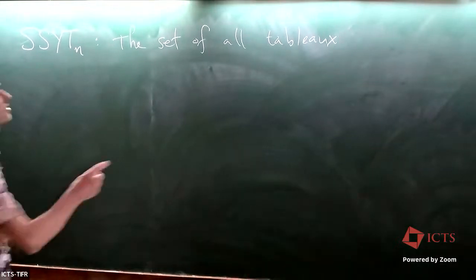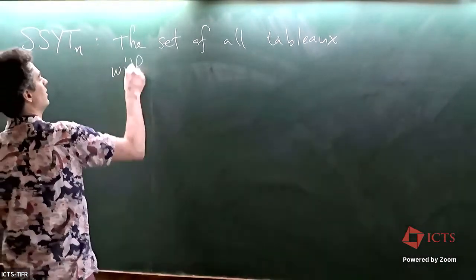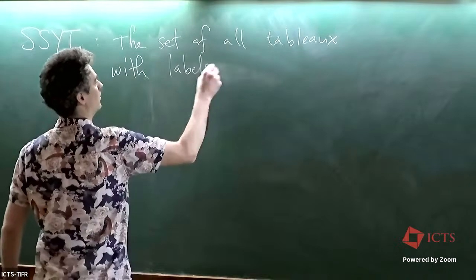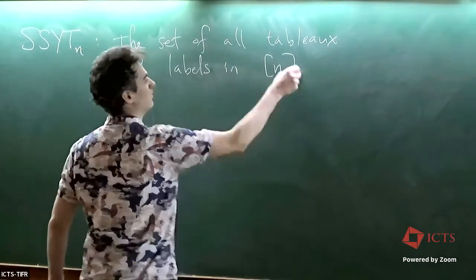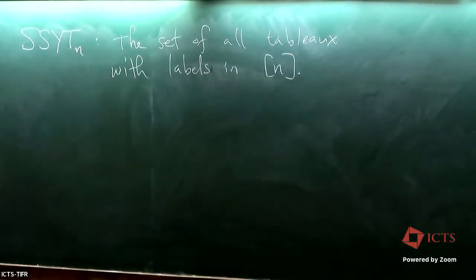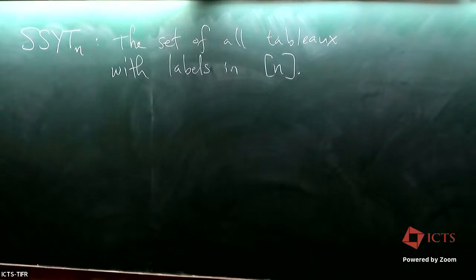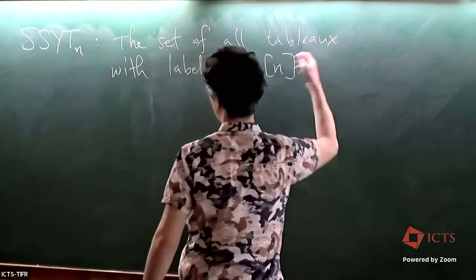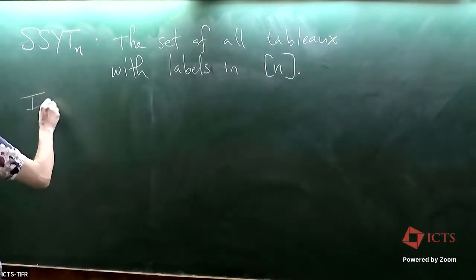The set of all Tableaux with labels in the set 1 to n, or my notation [n], as Angela reminded us this morning. Labels, what do I mean by that? The labels are these numbers right here. So this could be in SSYT_7, there's a 7 here, or any other larger number than 7. So it's an infinite set. This is an infinite set.